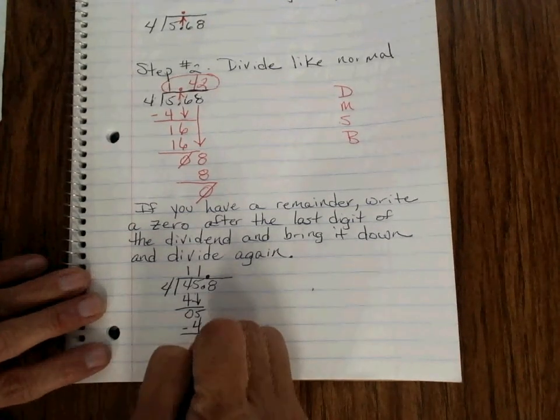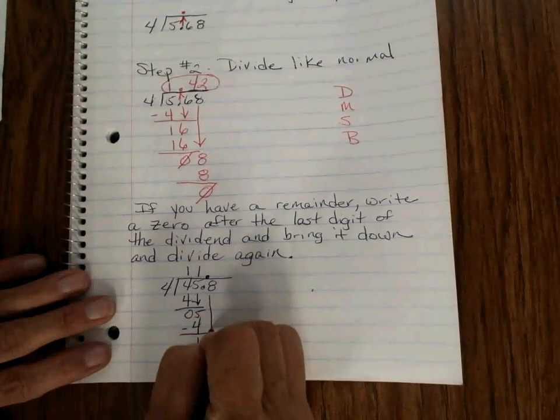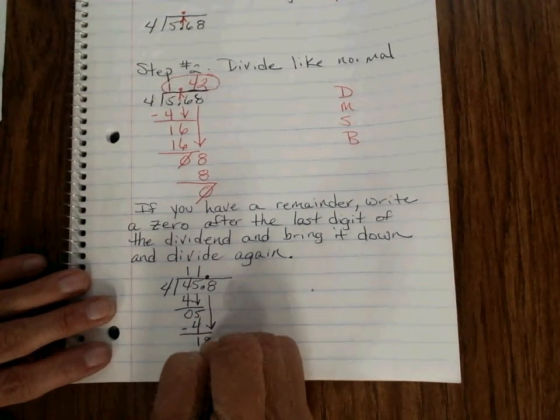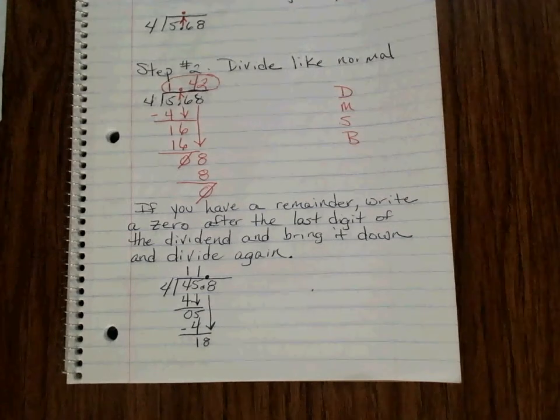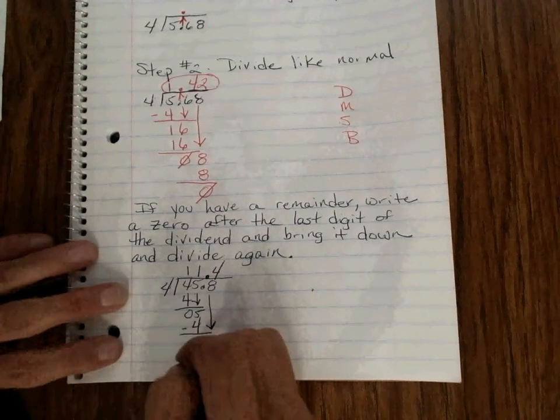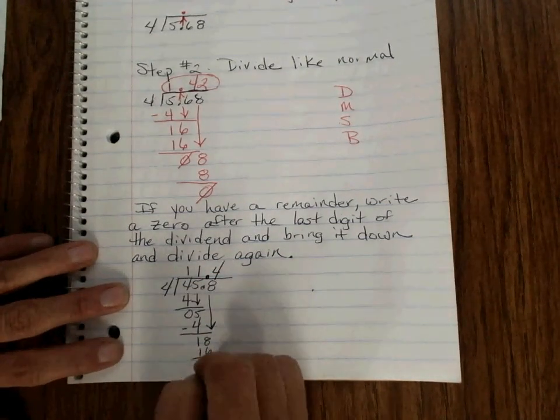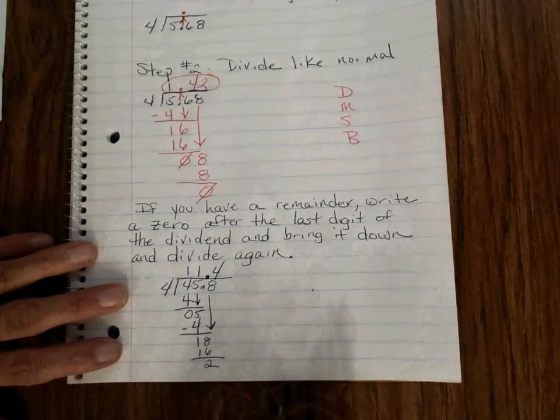Subtract. 5 minus 4 is 1. I'm going to bring down the 8. How many groups of 4 will fit into 8? 2. 2 times 4 is 8... 4 times 4 is 16. And now I have a remainder of 2.